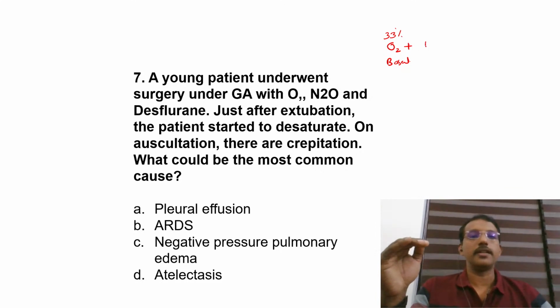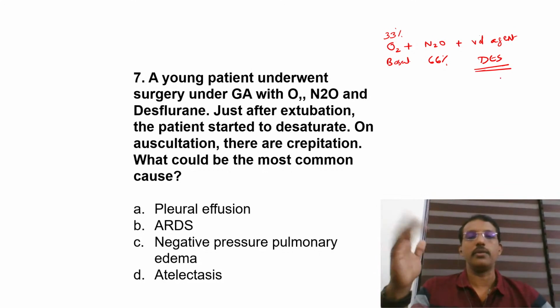Then you provide nitrous oxide, usually given at 66%, and along with that you give some volatile agent. This volatile agent is any volatile agent starting from halothane to desflurane. Desflurane is the best right now.